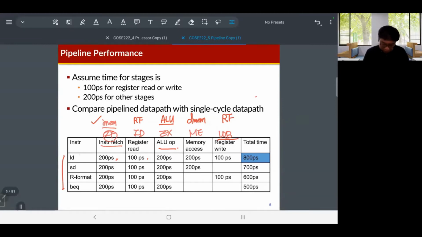For example, if we execute a load instruction, as I mentioned, the load instruction requires touching every hardware component. For the load instruction, we need the instruction fetch stage to read the load instruction from the instruction memory.